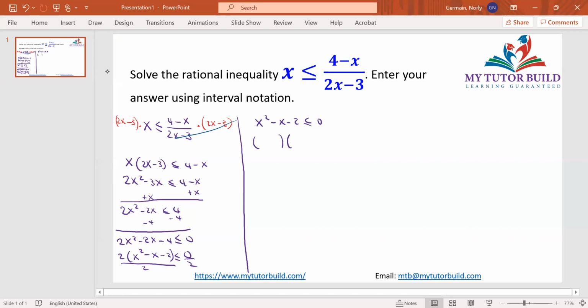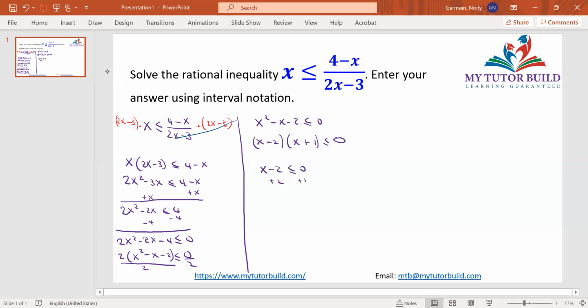I'm going to use the zero factor property. Two numbers that multiply to give -2 and add to give -1 are -2 and 1. Now let's set the first inequality: x minus 2 less than or equal to 0.